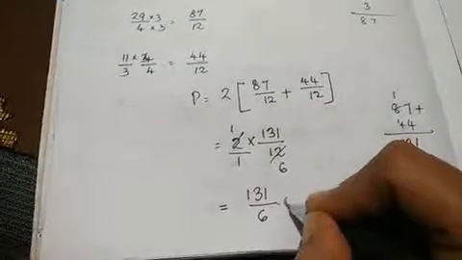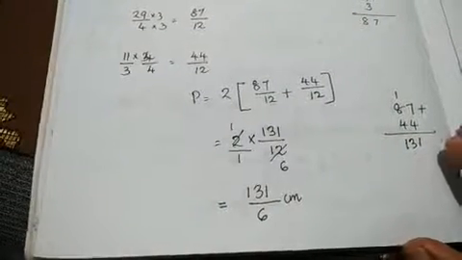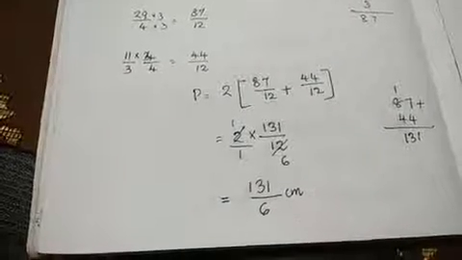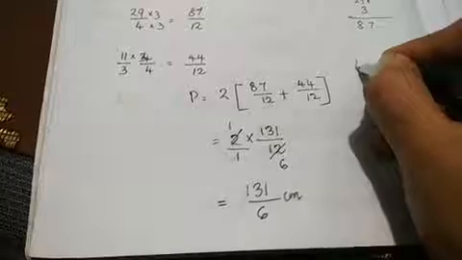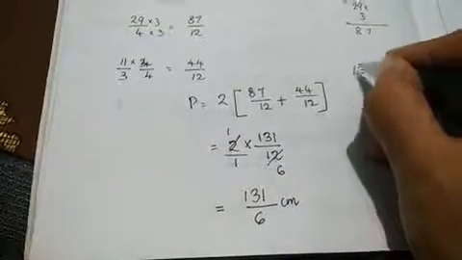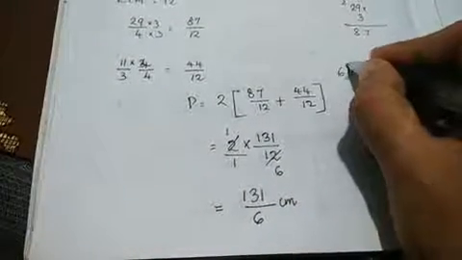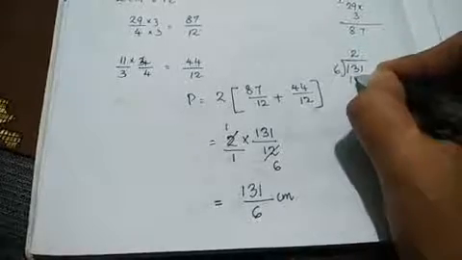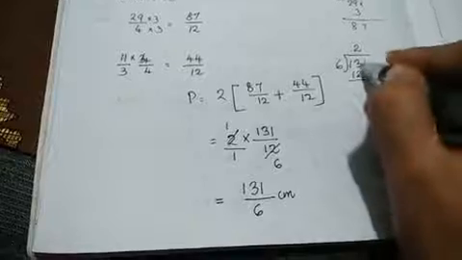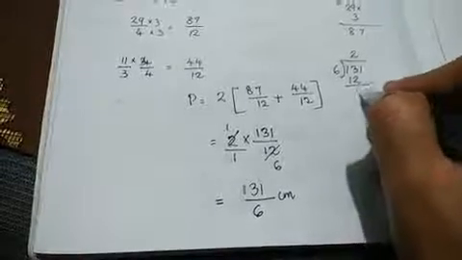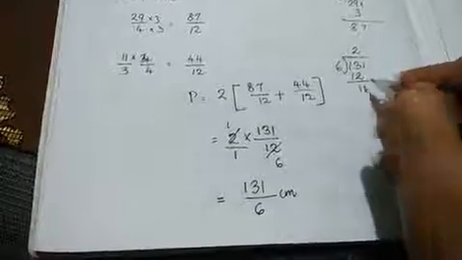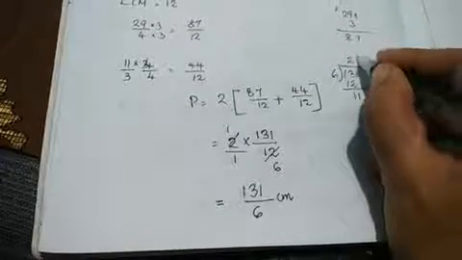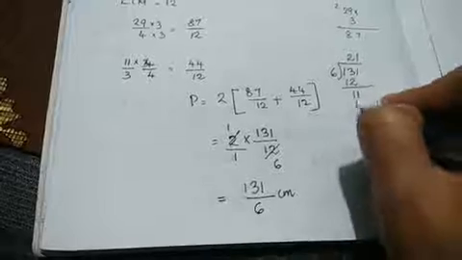This is the answer, but in our question that is a mixed fraction, so we have to change this improper into mixed fraction. So 131 we can divide with the 6. In 13, 2 6 are 12. Okay, 3 minus 2, 1 and 11. In 11, how many 6 are there? 1 6. 1 6 is 6.